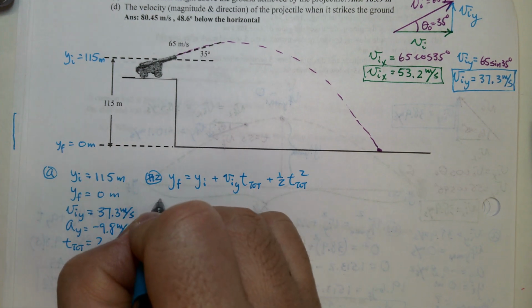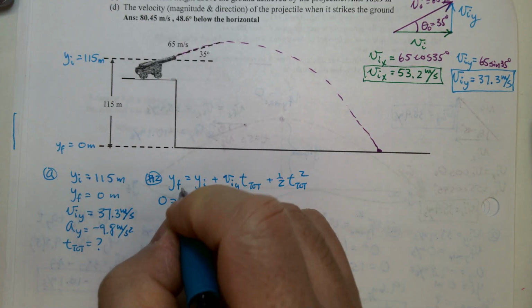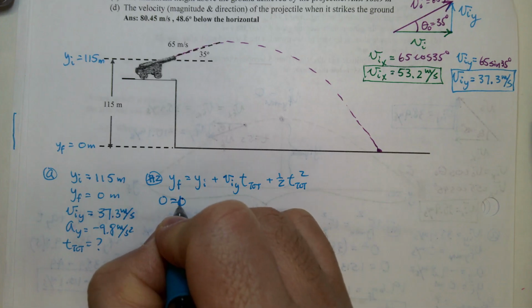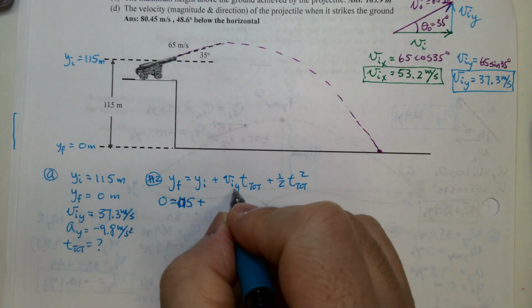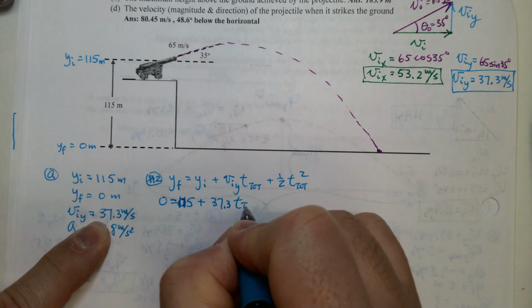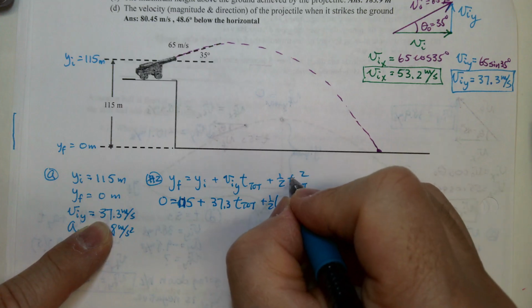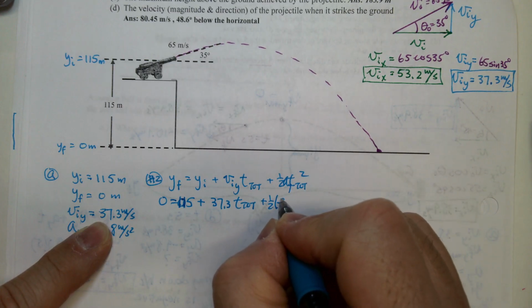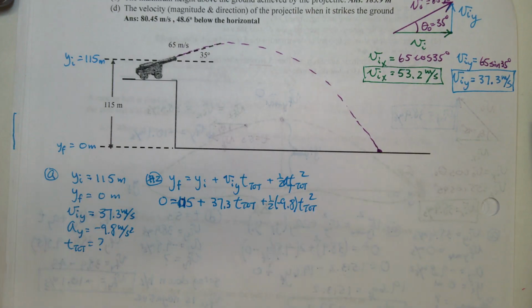Again, 0 is equal to 115 meters plus VIY, 37.3 T total, plus 1/2 times, I forgot the A sub Y, sorry, negative 9.8 times T total squared.